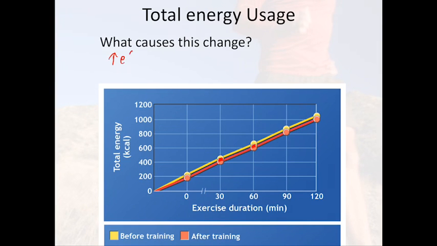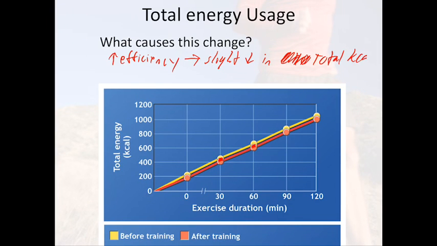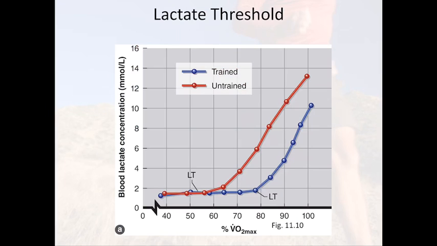So increased efficiency, which means a slight decrease in total kcals. Very, very slight, not too big of a deal, but a slight change. And this could also be from moving towards fat usage, because using fat is a little bit more efficient than using carbohydrates.